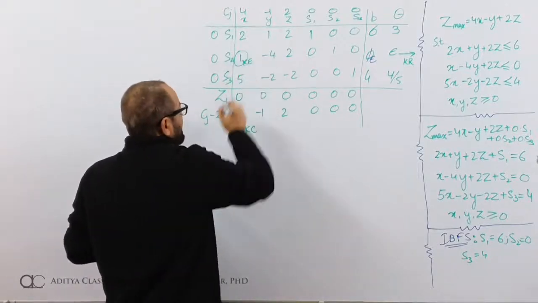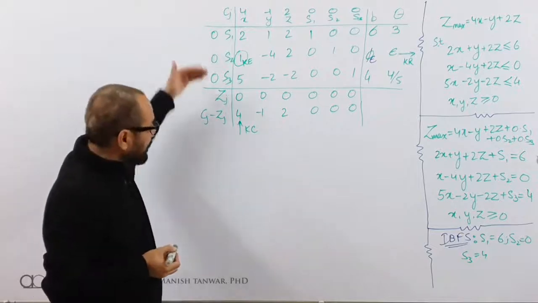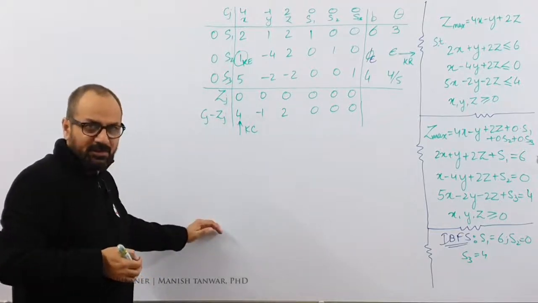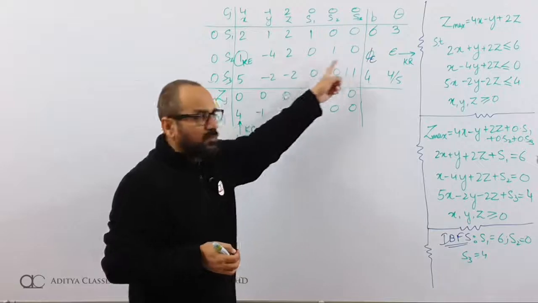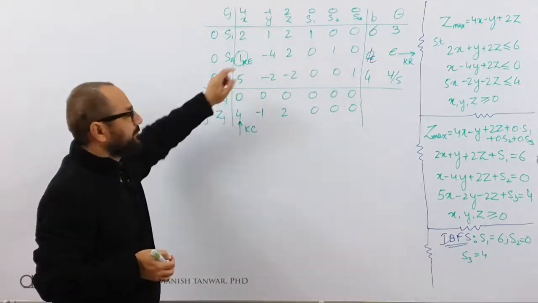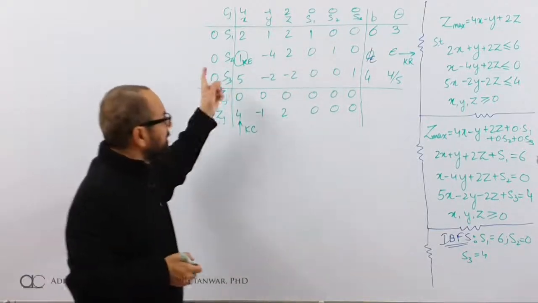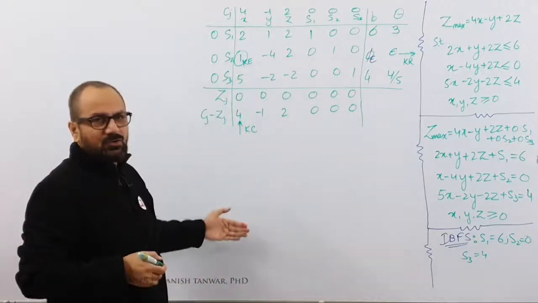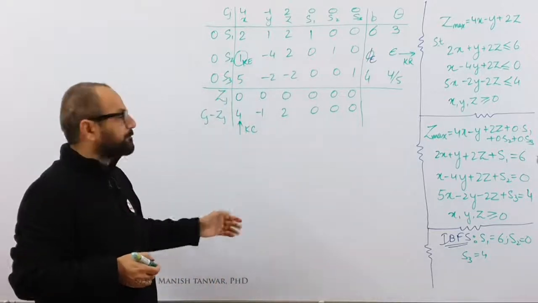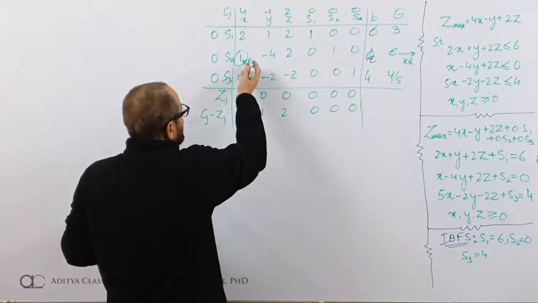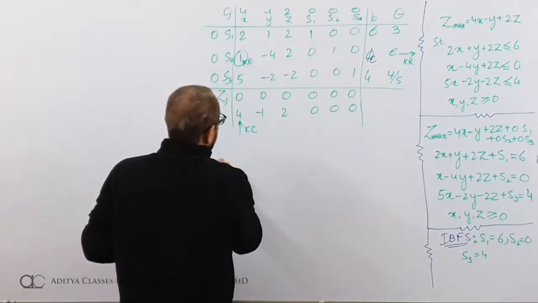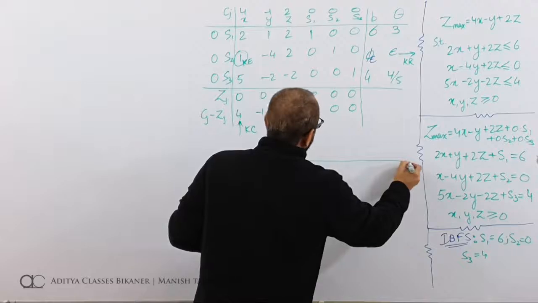What is the importance of key element? While moving these values to our new matrix, the complete key row is divided by key element. So we'll divide this complete row by 1 to get our new modified key row. In this case, everything will be divided by 1. So as such, there will be no change.